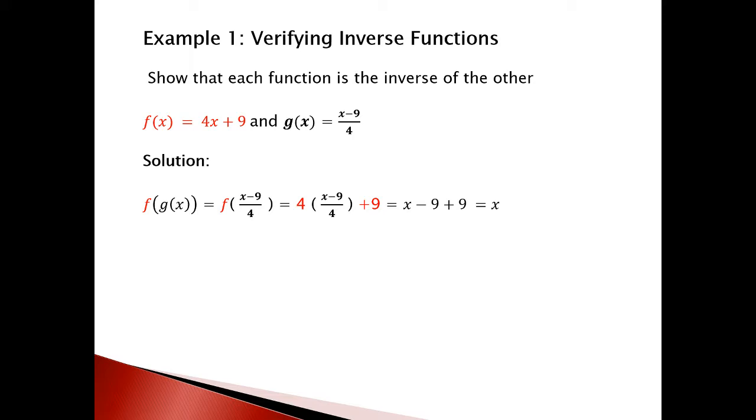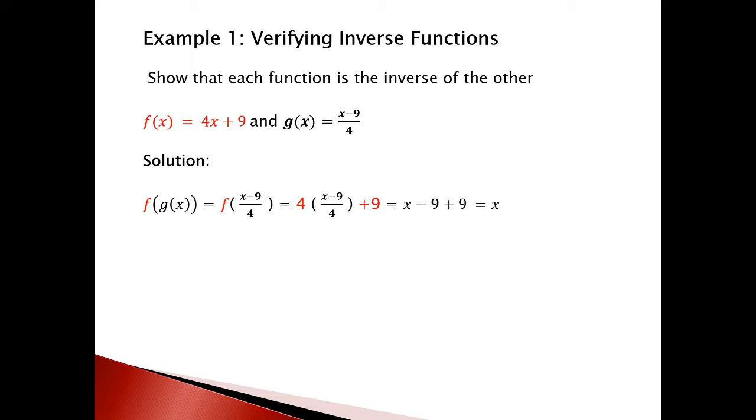This is f composed with g. So you need to substitute g of x into f of x, that is, substitute x minus 9 divided by 4 for x in the equation f of x equals 4x plus 9.